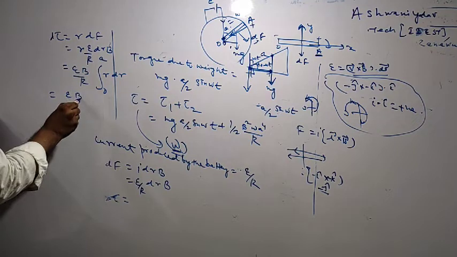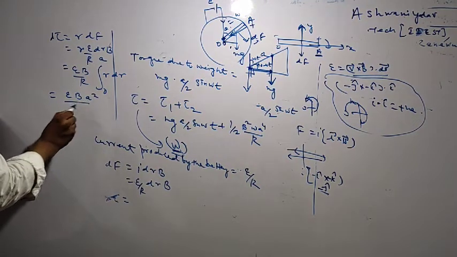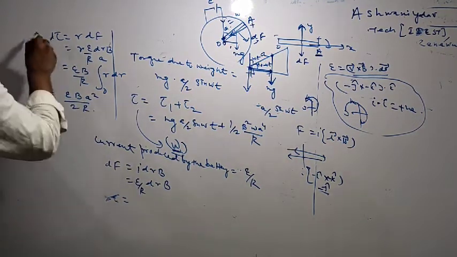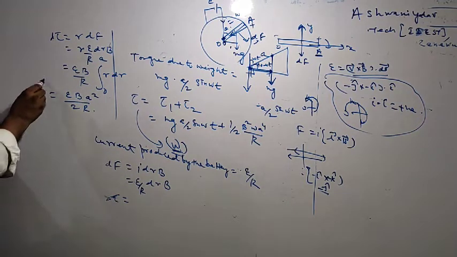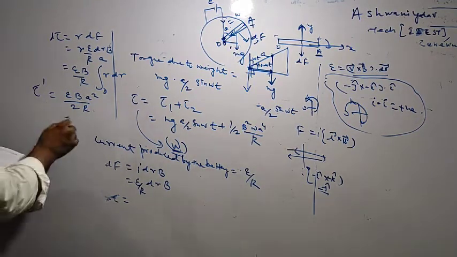So we have E B a square by 2R, and this is the torque, tau dash.